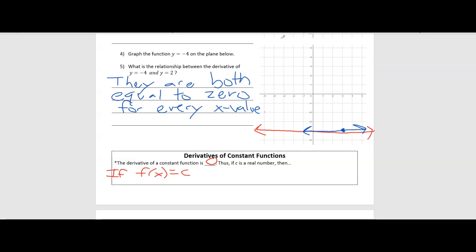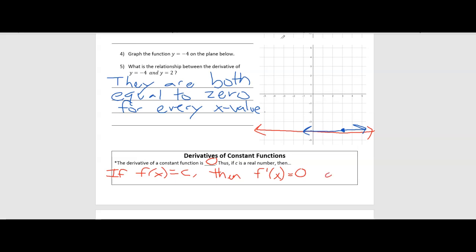We just wrote it in terms of y instead of f of x, but it means the same thing. Then f prime of x is equal to 0. And again, it doesn't matter what value we substitute in for x, our derivative is going to be 0.